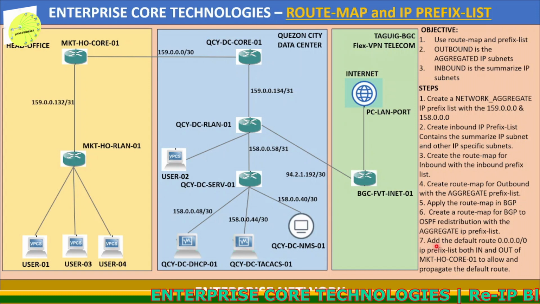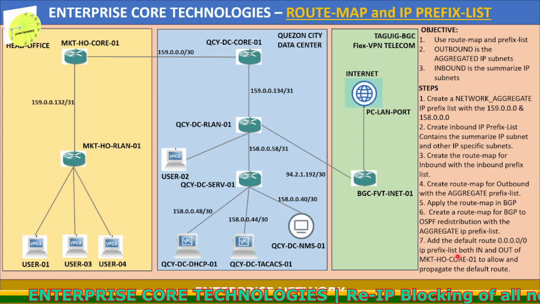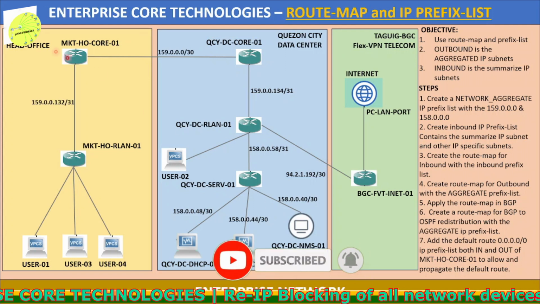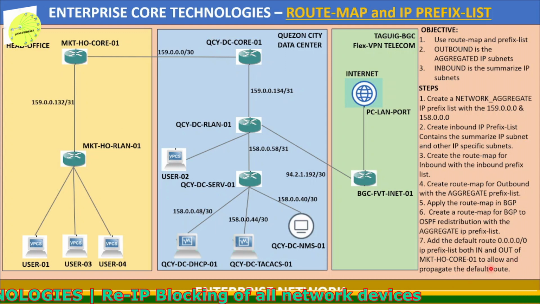And in step 7, we will add the default route in the IP prefix list in the inbound and outbound of the Makati HO Core 01 to allow and propagate the default route going down to the HO RLAN 01. Okay, so let's start.